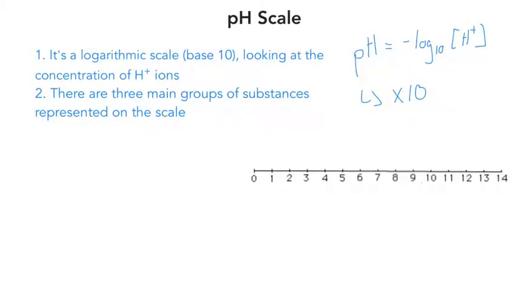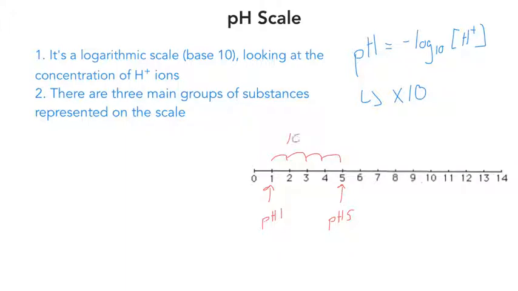So if we see right down here, we have a quick little scale. If I was comparing something with a pH of 1 to something with a pH of 5, we can look at the differences in strength based on how many units apart they are. Between pH 1 and 5, we have 1, 2, 3, 4 units separating.